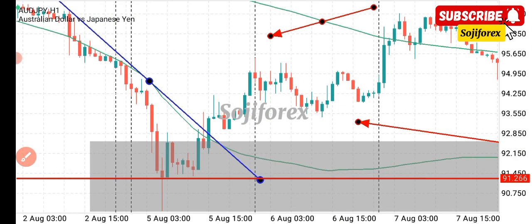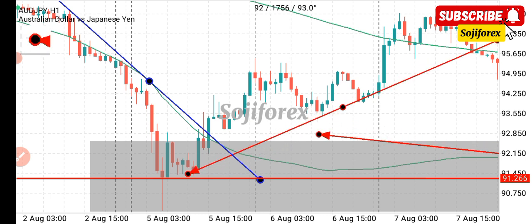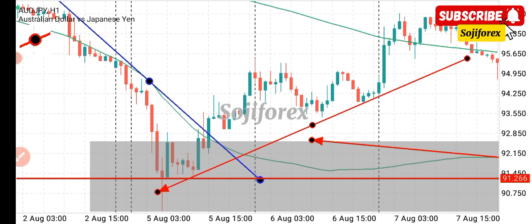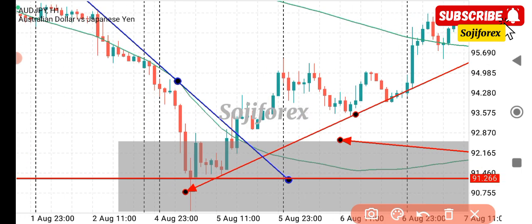So what do I do? I will simply take my trend line and connect it from this area of my support where price began the movement from. I'll connect my trend line this way. So here is my entry and here is my stop loss.